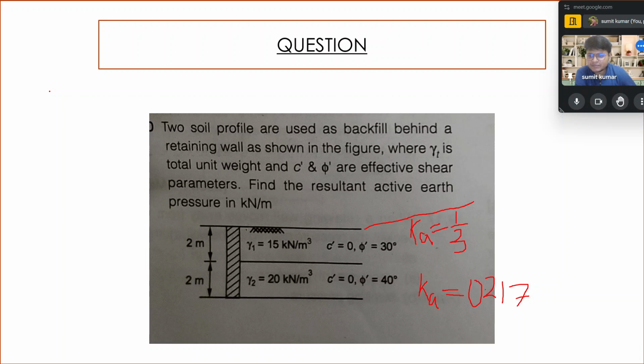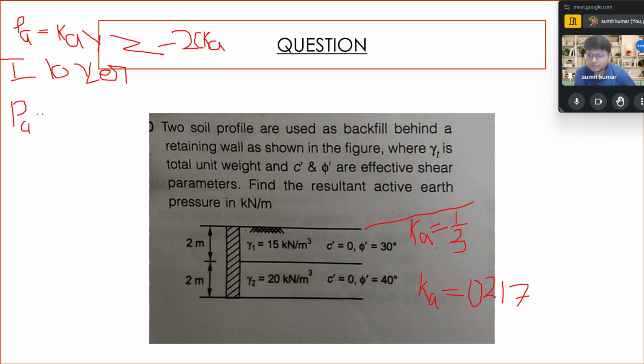So first of all, E equal to K_A into gamma Z minus 2C root K. For the first layer of soil, E equal to 1 by 3 into gamma, that is 15, and Z minus 2C root K. C is 0, so I will write up to this.